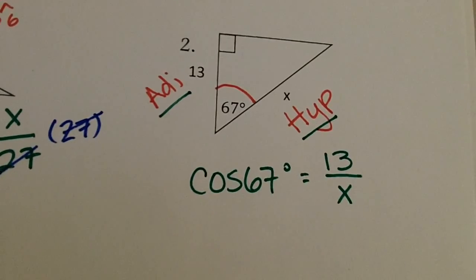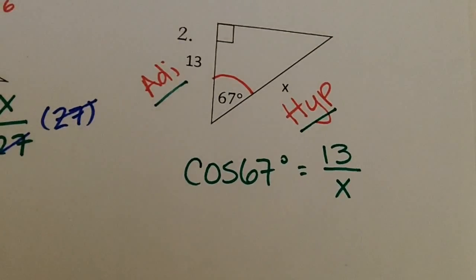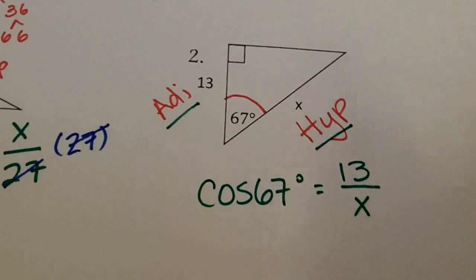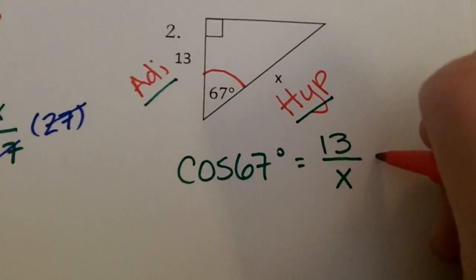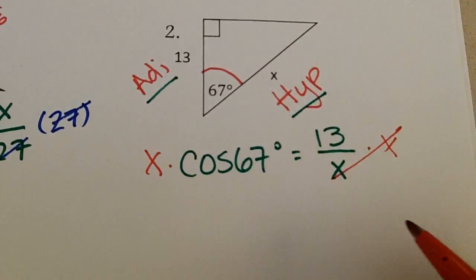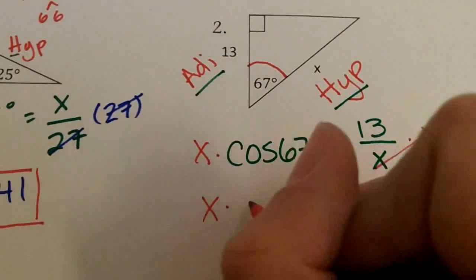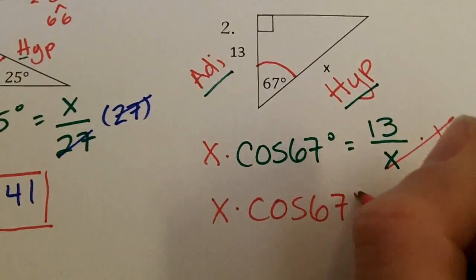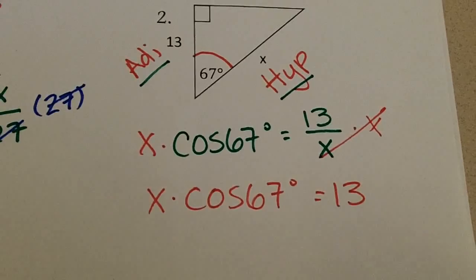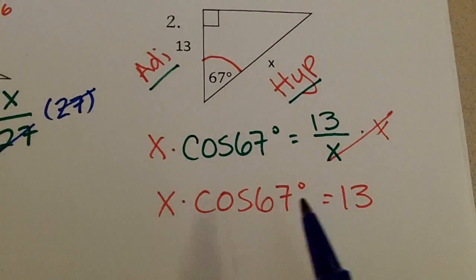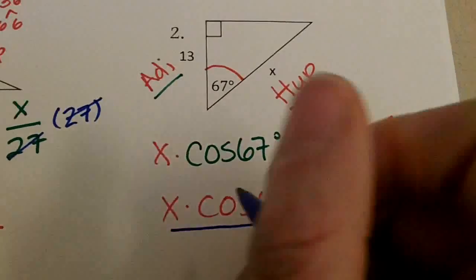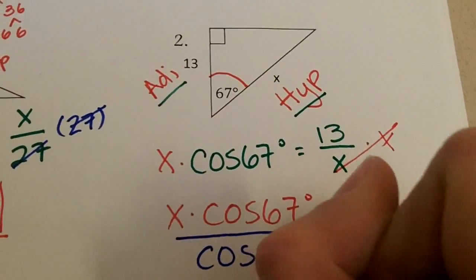When x is on the bottom, it's a little bit trickier to solve. You first need to multiply both sides by x so that it's no longer on the bottom. So now we have x times the cosine of 67 degrees equals 13. Now, the opposite of multiplication is division, so divide both sides by the cosine of 67.